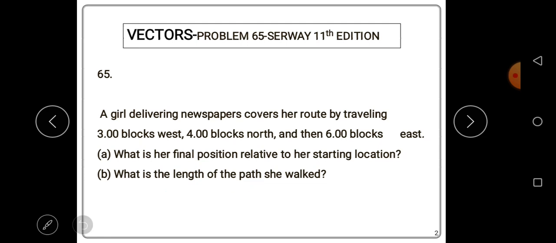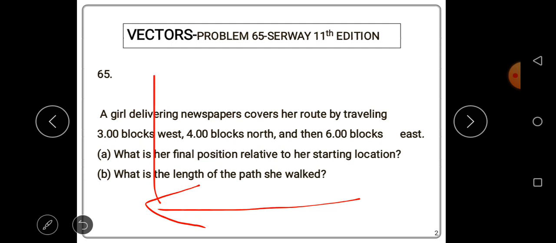In physics, whenever you're given a problem to solve, it's important to visualize or come up with the simplest possible diagram showing how you understand the question. So this girl moves 3 blocks to the west. This one is not drawn to scale.